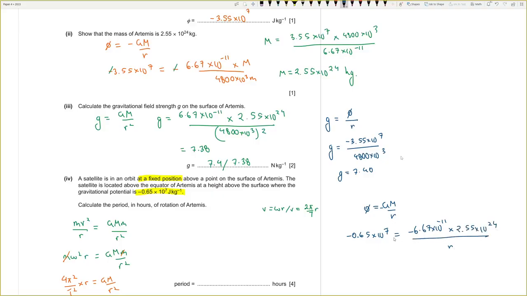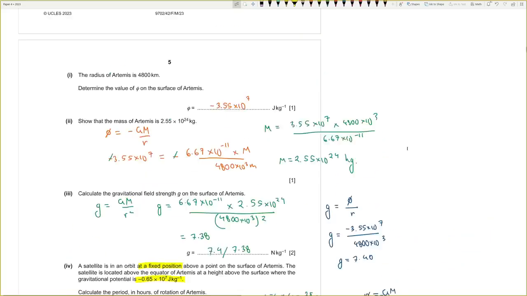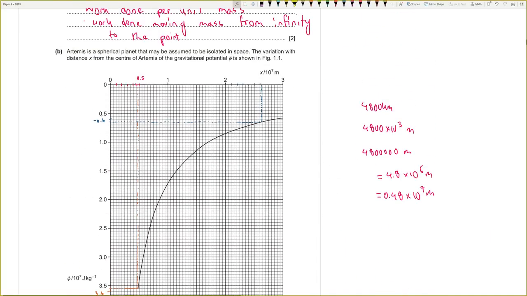So if you solve this, let's do it. 6.67 into 10 to the power minus 11 times 2.55 times 10 to the power 24 by 0.65 into 10 to the power 7. We're getting a value of this. r is equal to 2.617 times 10 to the power 7, which is rounded off to r equal to 2.62 times 10 to the power 7. So yeah, it's 2.62 into 10 to the power 7.